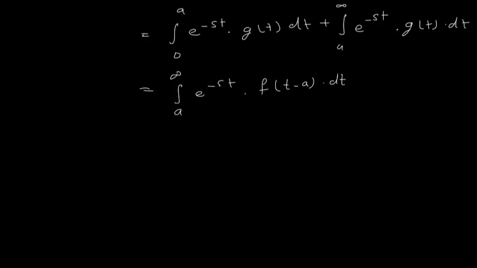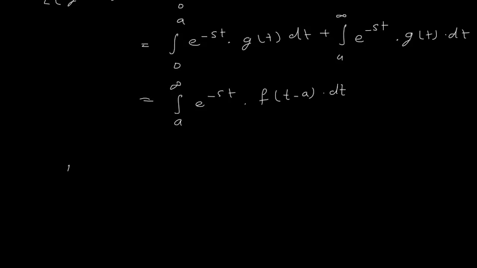So now here I will do a substitution. I will put t minus a equal to, using another symbol, say u. Therefore dt will become du, and t will become u plus a.